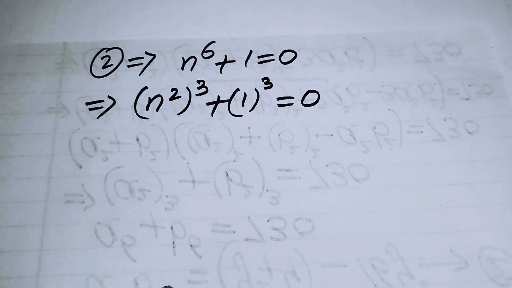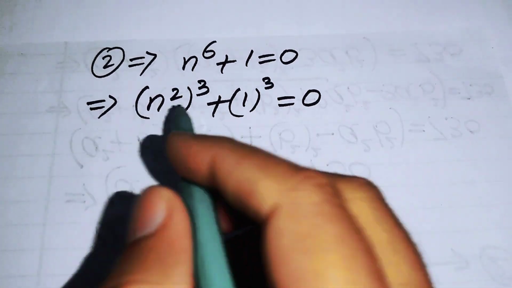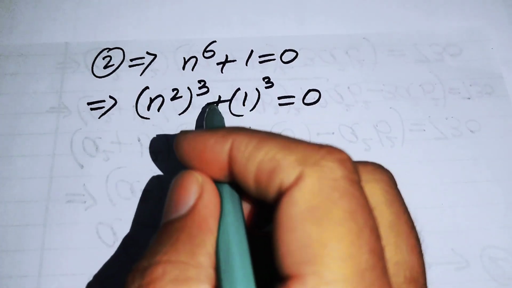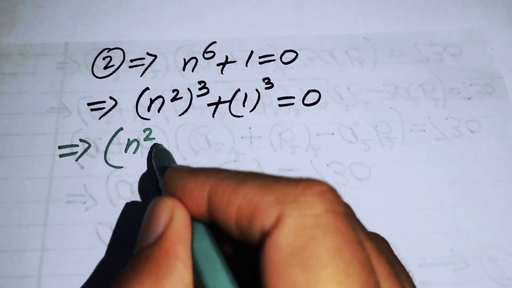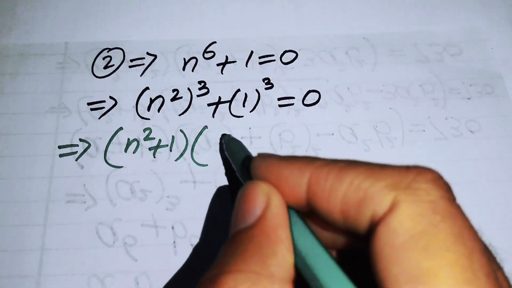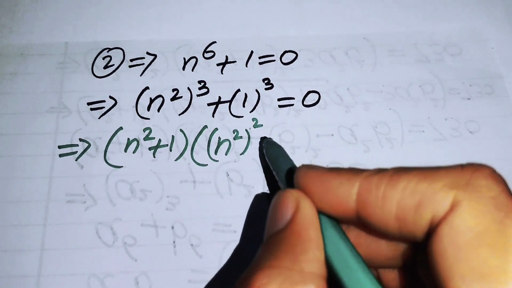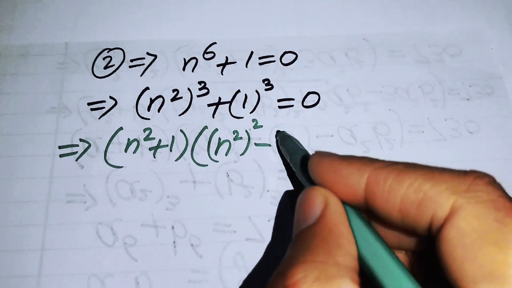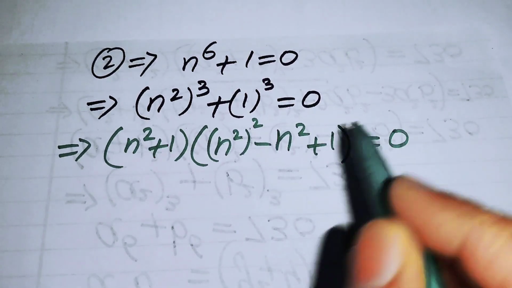So now we can use the nice identity, and you will see here the formula of a cube plus b cube equals n squared plus 1 into n squared whole squared, minus n squared plus 1 equals 0.